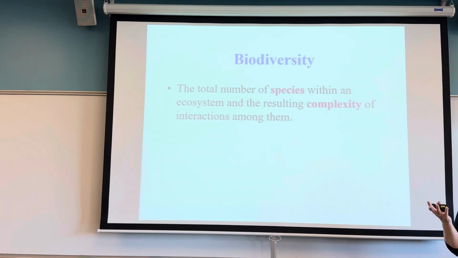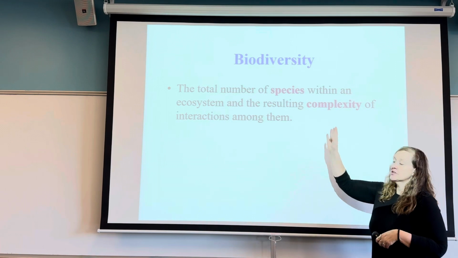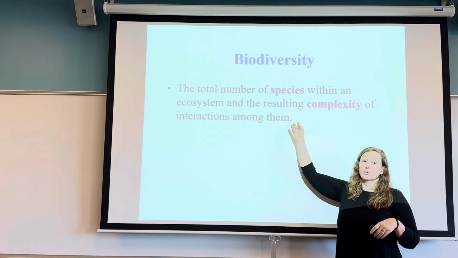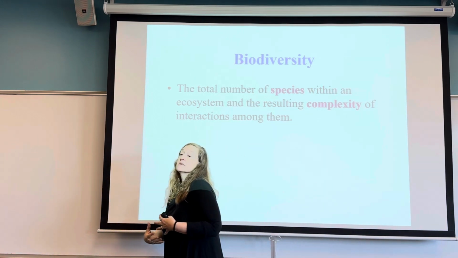For example, any photosynthetic organisms, everybody relies on those to get their energy sources from. So the term biodiversity shouldn't just conjure up that there's a lot of species out there, but that there's a complexity of the relationships between those species as well.